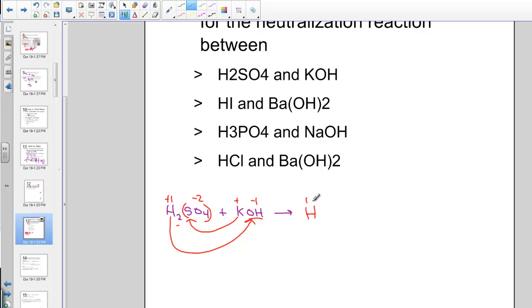Hydrogen is a +1. Hydroxide is a -1. We commonly write this as a water molecule, but I'm just showing you HOH is electrically balanced. And so just remember our pattern. We have an acid plus a base is going to produce water and a salt. So we have the next salt.